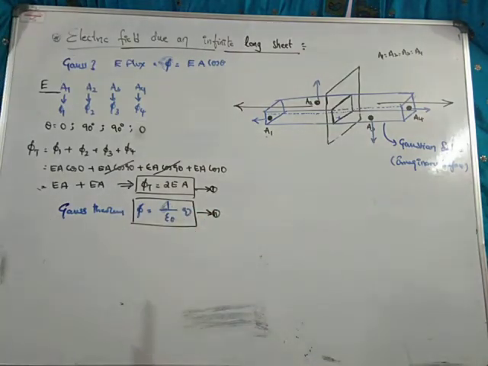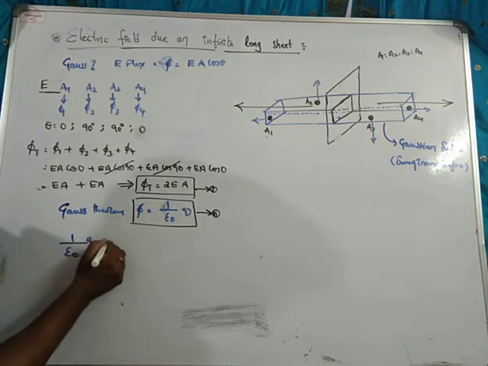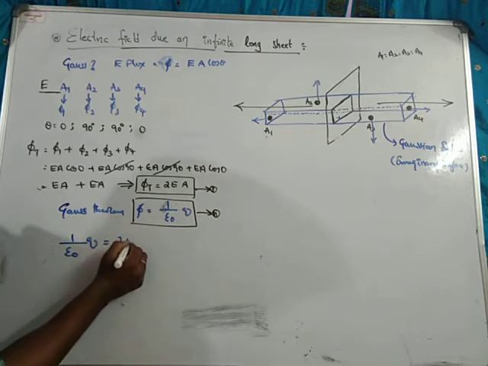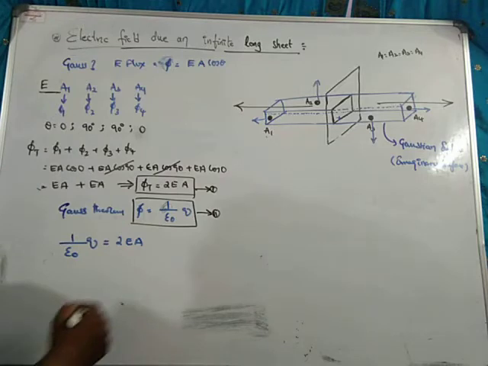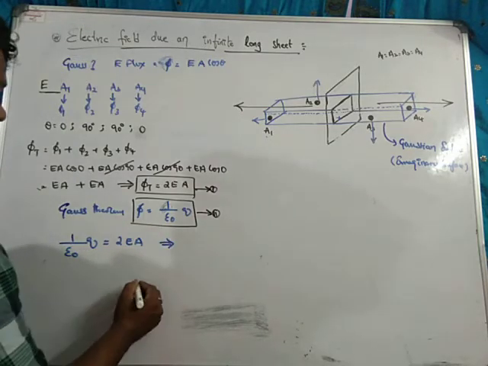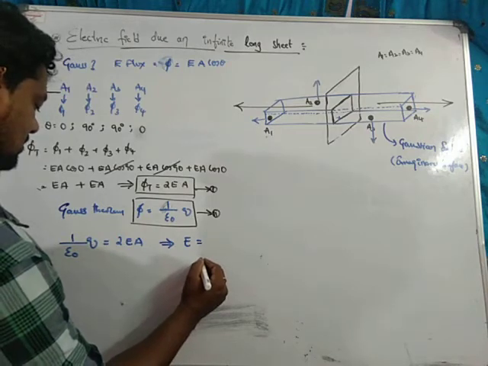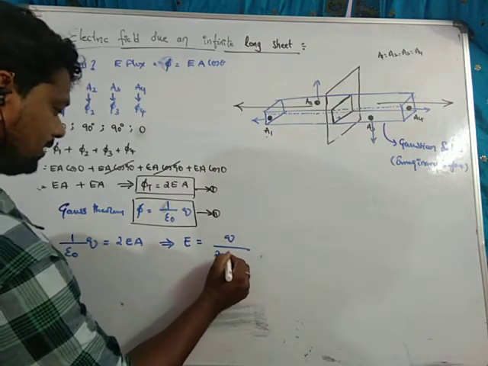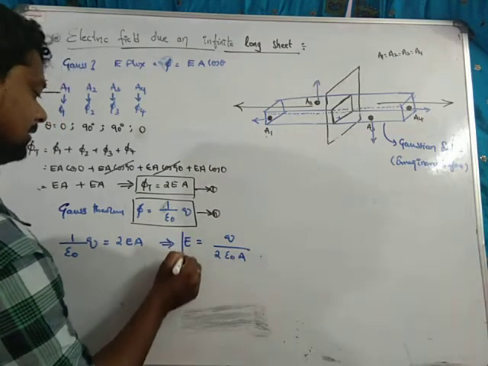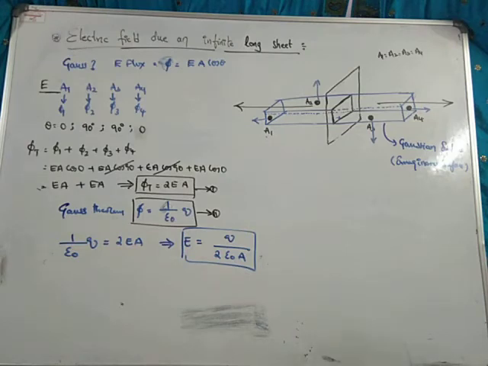By comparing equation 1 and 2, we get 1 by epsilon naught of charge is equal to 2EA. So we want to calculate the value of E, which implies E is equal to Q by 2 epsilon naught A. This is the value of electric field for a long sheet.